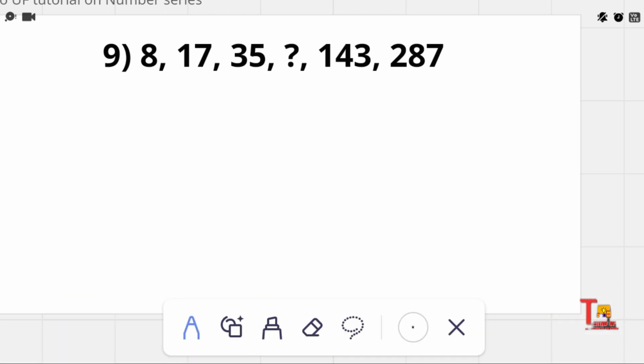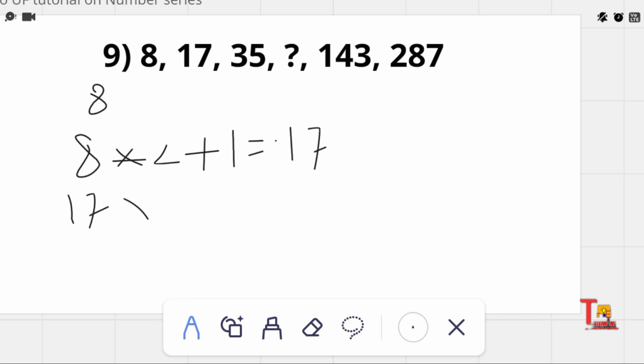Look at here. The first item is 8, right? The next item is 8 into 2 plus 1, which is equal to 17, and the next item is 17 into 2 plus 1, which is equal to 35.